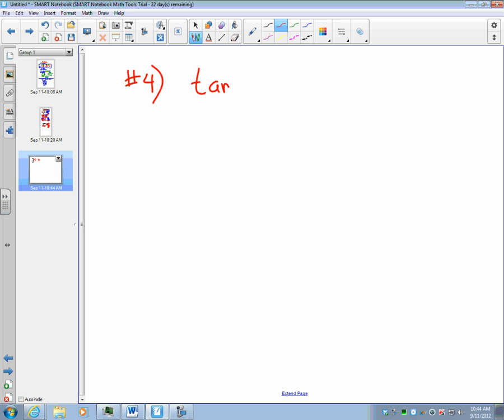Suppose I give you this. Tan theta equals 12 over 5 in quadrant 3. Find secant theta.